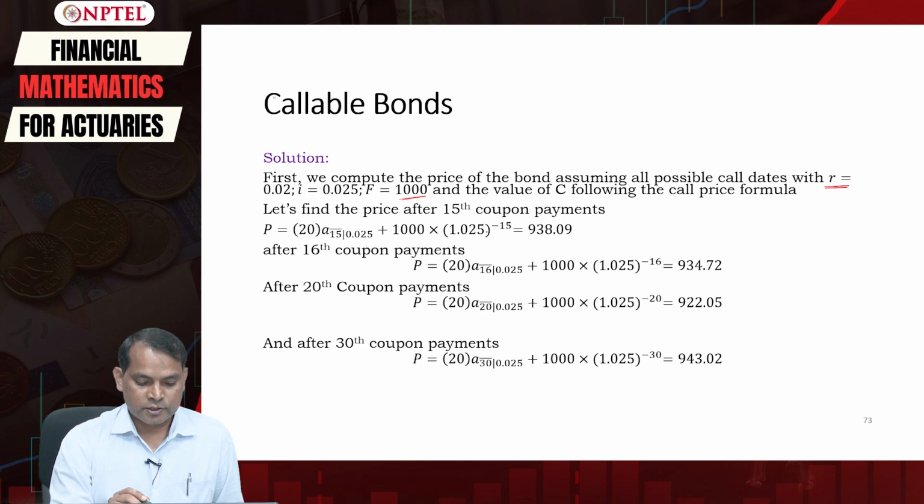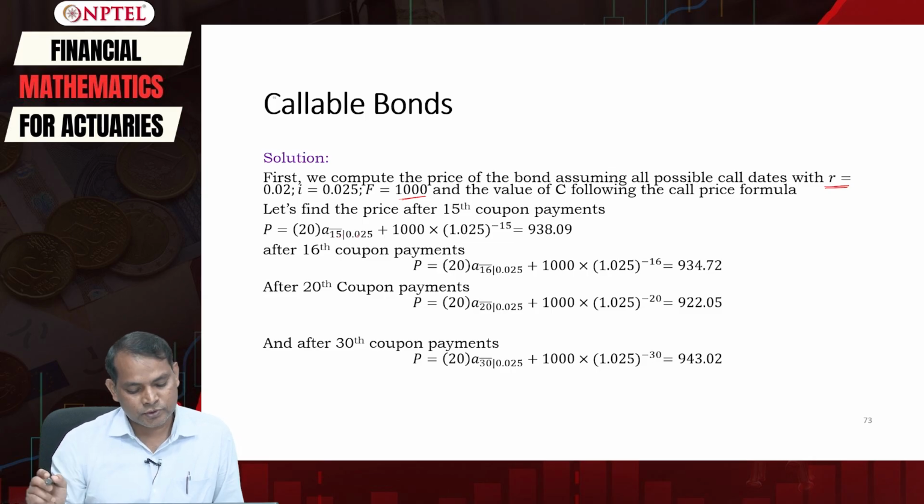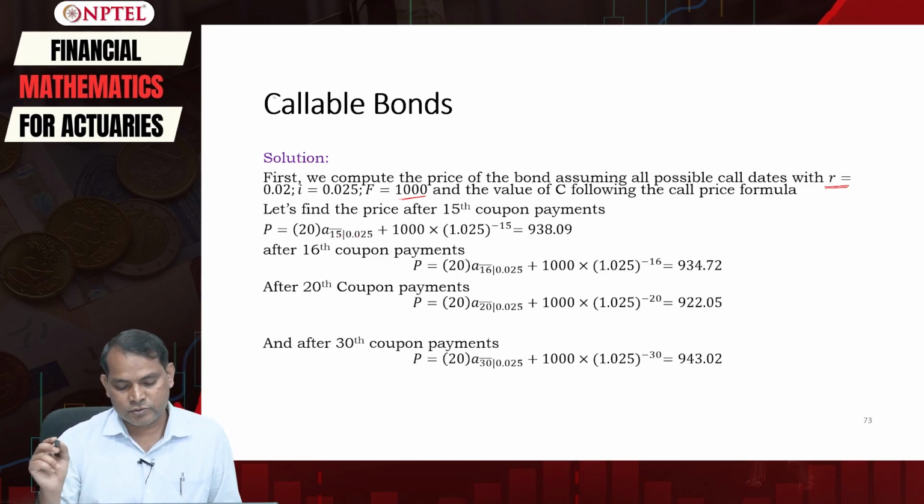15th coupon payment as our redemption value, and therefore we will consider n equal to 15, and then we will proceed every time putting n equal to 15, 16, 17, 18, and so on up to 30.